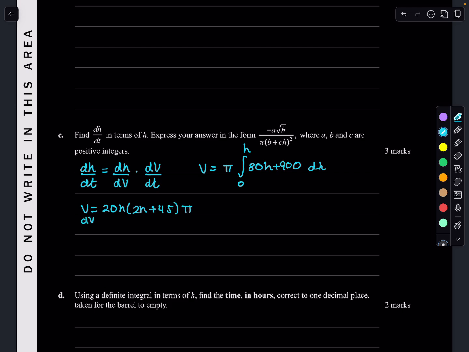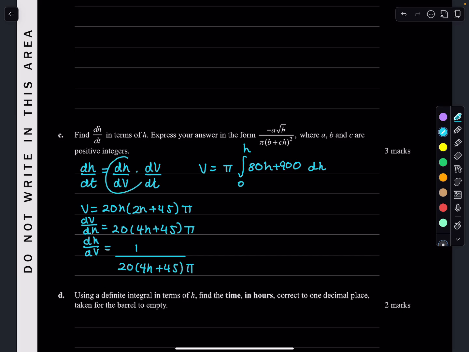And we then derived it, which gave us dV/dh, which was 20, 4h plus 45 pi. And then I reciprocated, which gave me dh/dV, which is 1 over this value here, which is basically the same thing. So 20, 4h plus 45 pi.